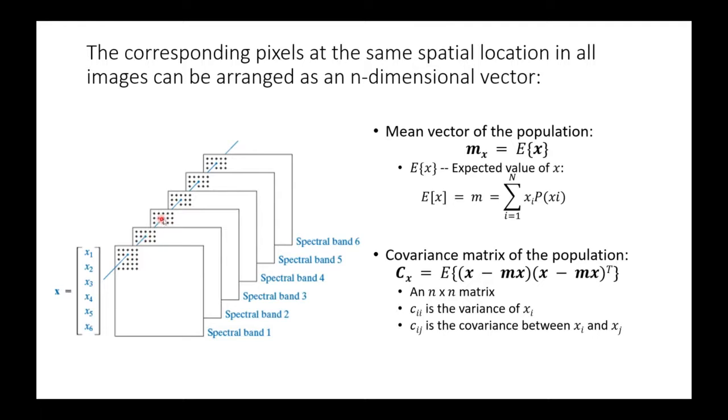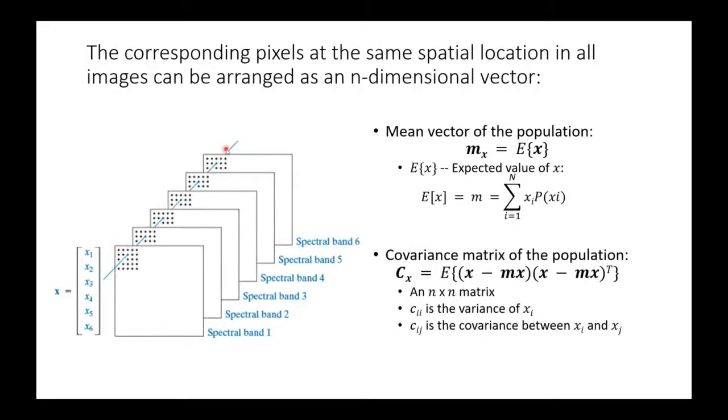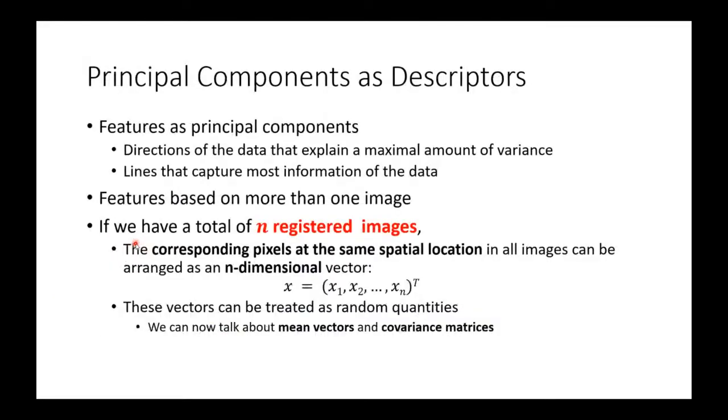That's going to be the same pixel belonging to my eye region, from a number of pictures, so from n pictures. So the corresponding pixels at the same spatial location in all images are arranged as an n-dimensional vector. These are all the pixels from the same location in the image, all registered.